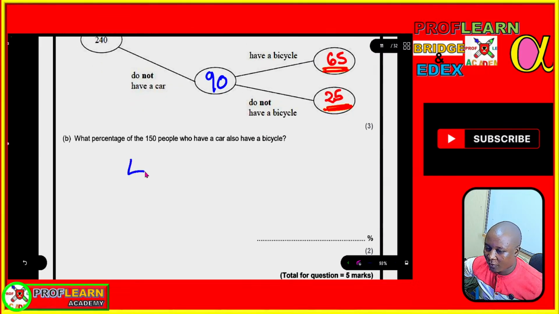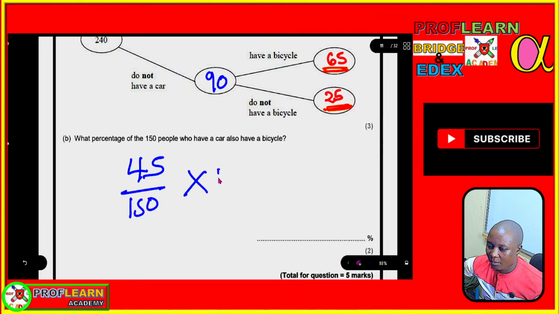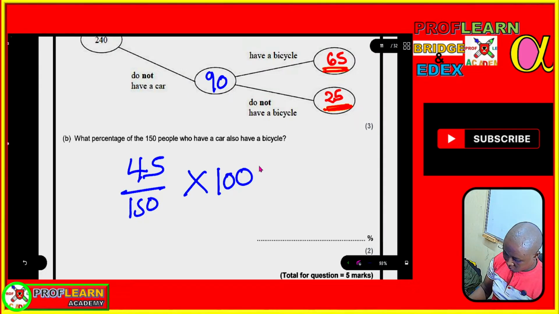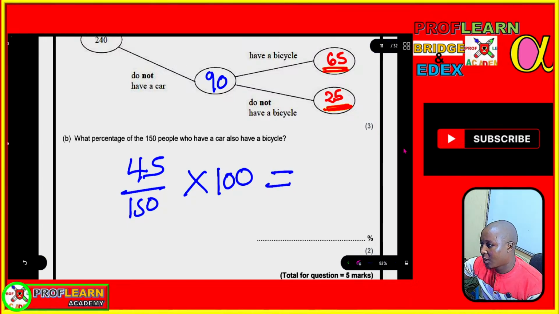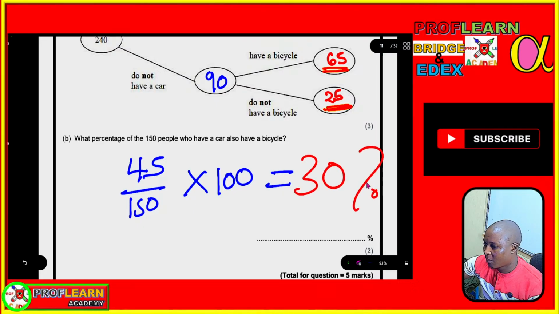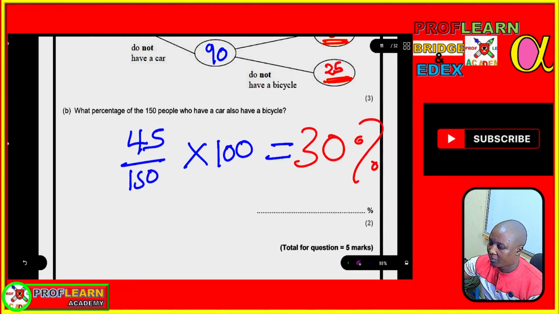So we're going to say 45 over 150 times 100, that's going to be 30%. That's going to be equivalent to 30% of the people.